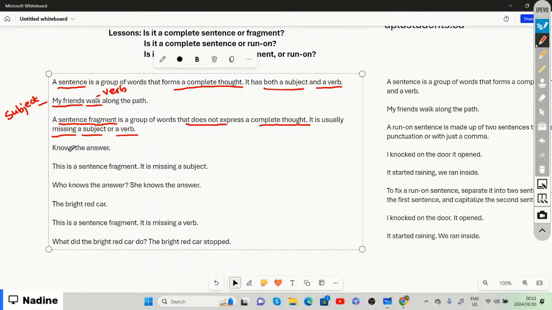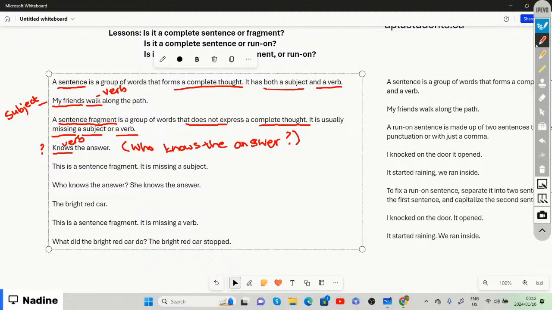For example, "knows the answer." If we look at this, it only says knows the answer. So now our question is, who knows the answer? Which means that it is missing a subject. So there's a verb, but there's no subject.